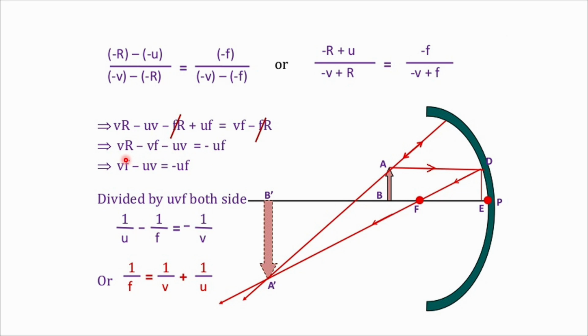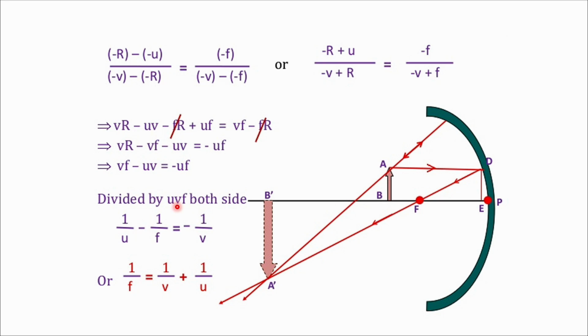Equal to VR minus VF minus UV equal to minus UF. So this VR minus VF becomes VF according to the relationship between R and F. What is the R and F? R is equal to 2F. So you replace R is equal to 2F. 2F minus F becomes again F. So VF minus UV equal to minus UF.